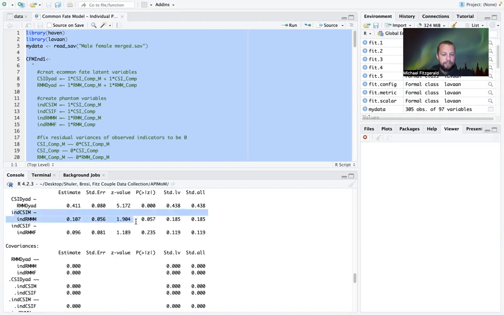So here we see our individual estimates. These are the within-person estimates that are independent of the dyad level estimates, okay? We have male reports of relationship mindfulness being marginally associated with higher levels of relationship quality. How I would interpret that is, pretend this is 0.047, and I'll interpret it assuming significance.